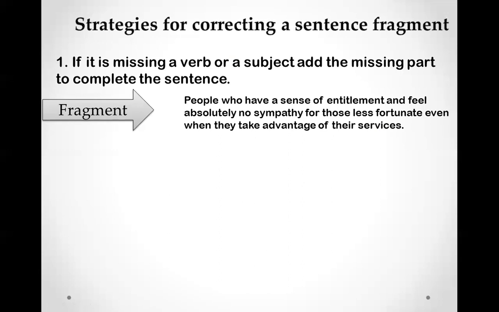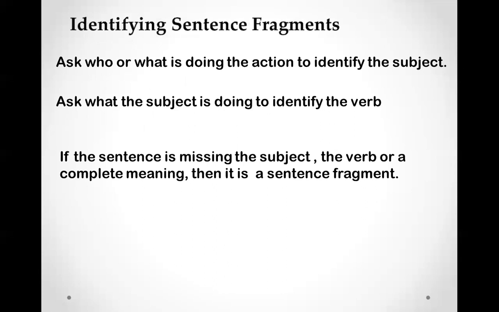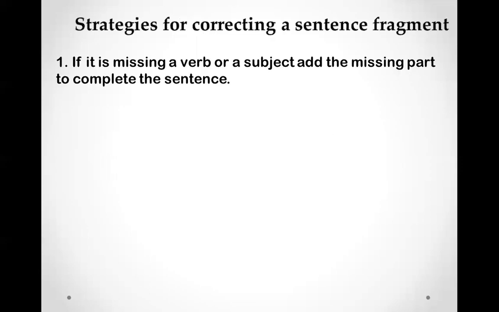How do we know whether this is a complete sentence or it's a fragment? How do we know? We identify the subject by asking who or what. We identify the verb by asking what the subject is doing, and we check the complete meaning. So it's not by the length of the sentence, it's mainly by the 3 components of a complete sentence.